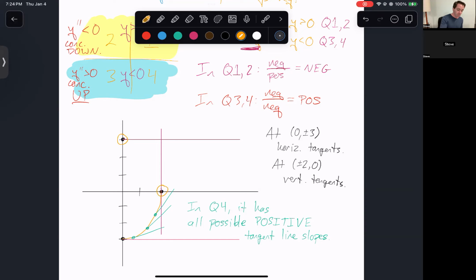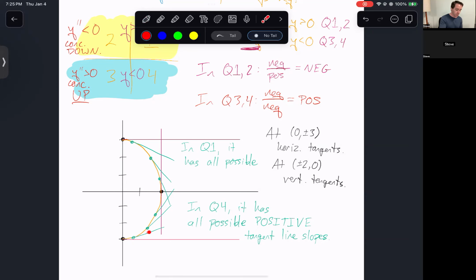And that would mean lots of these sorts of tangent lines. So guess what? In quadrant 1, it has all possible... What sorts of tangent lines are these?